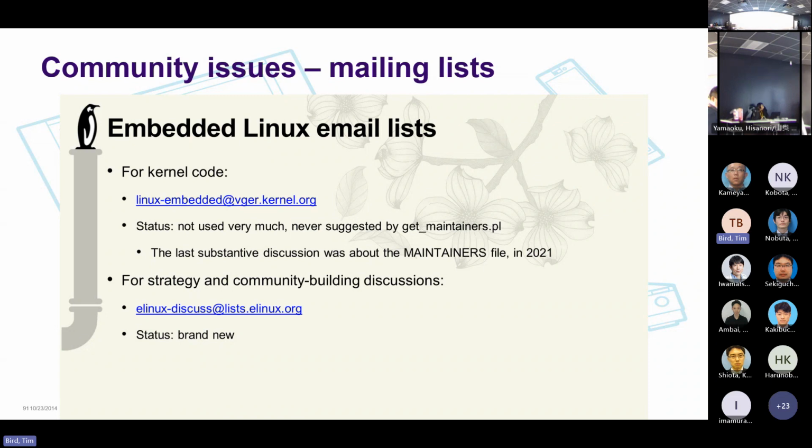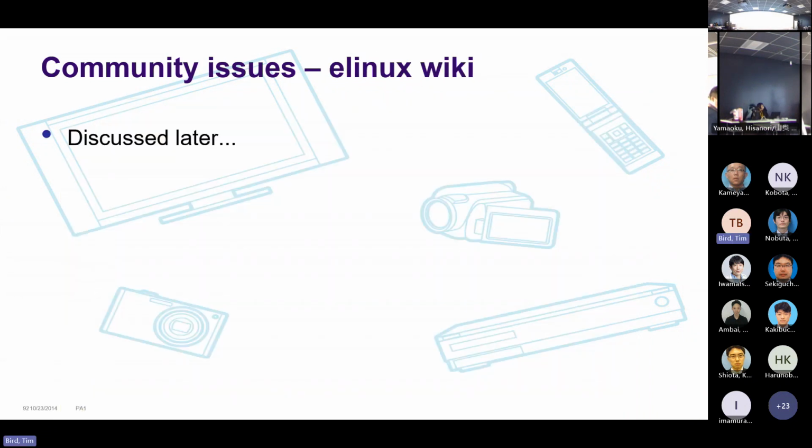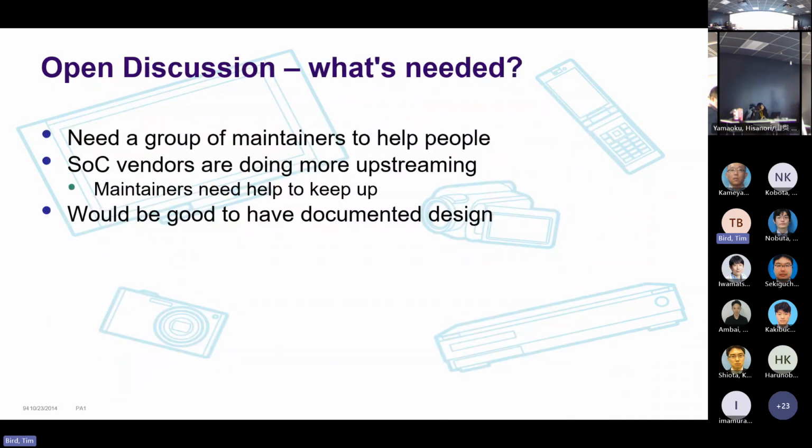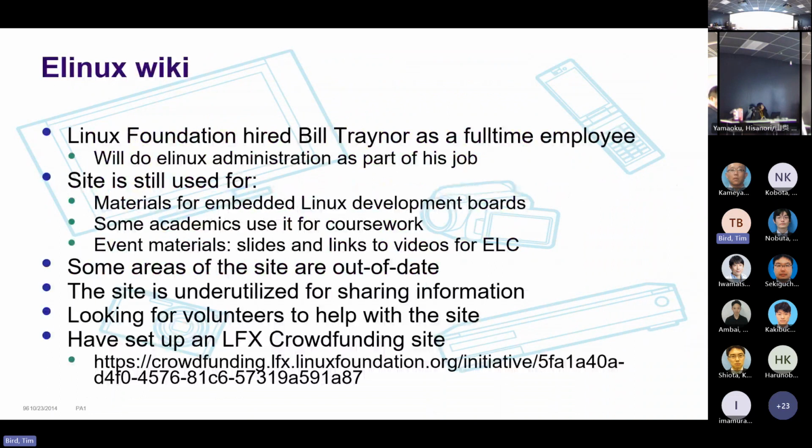And if you want to discuss strategy and community building, there's a brand new list called elinux-discuss at lists.elinux.org. Speaking of eLinux, I'll get to that later. Okay, that was the embedded BOF. Now the eLinux wiki. This is a place where we have information about embedded Linux, tools and technology.